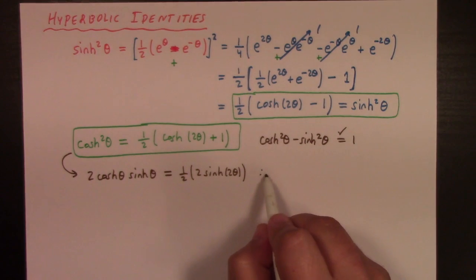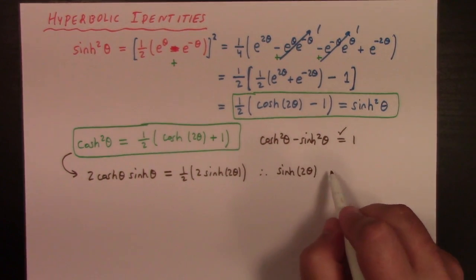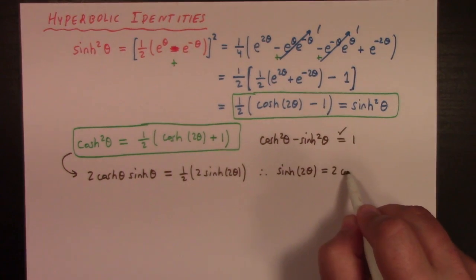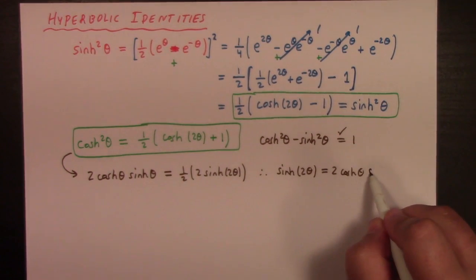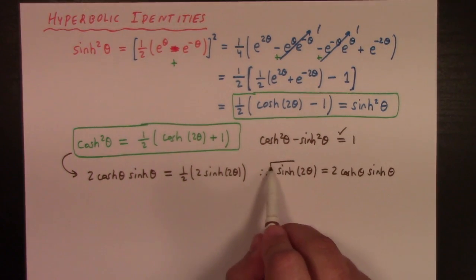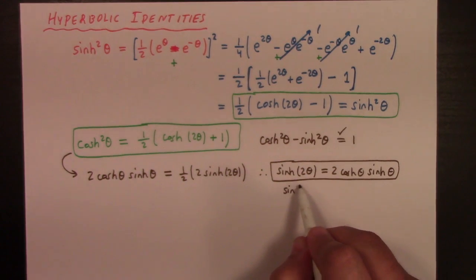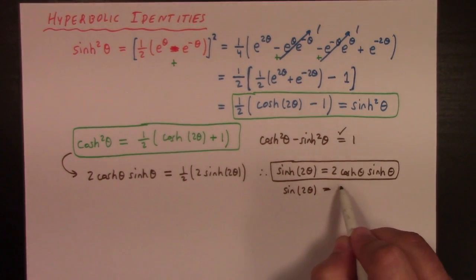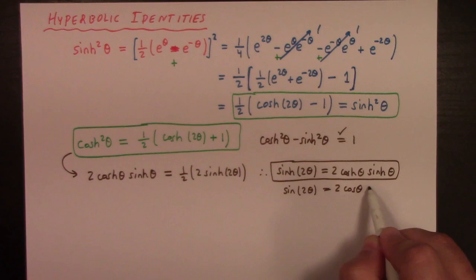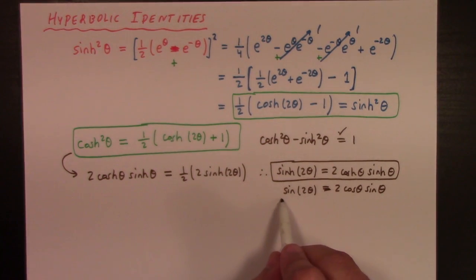So therefore, sinh 2 theta is equal to 2 cosh theta sinh theta. Now, I don't know if you know this or not, but there is a well-known trig identity which says that the sine of 2 theta is 2 cosine theta sine theta. It's one of the more famous identities for the sine.